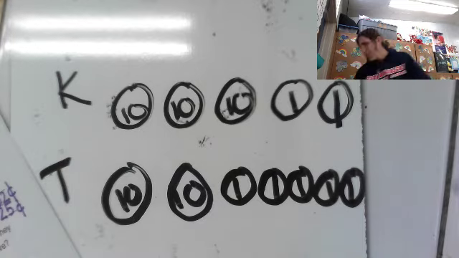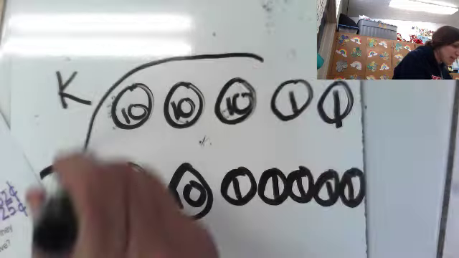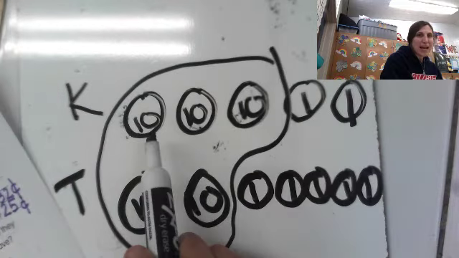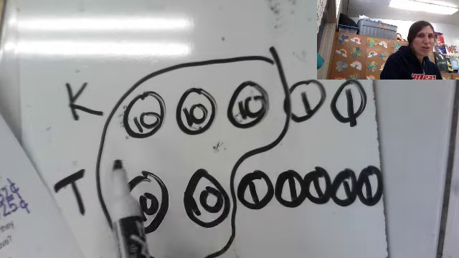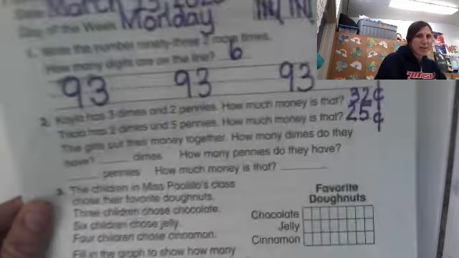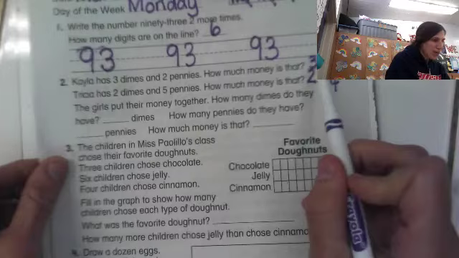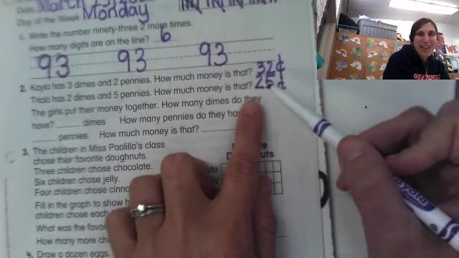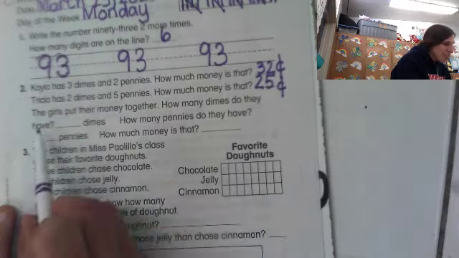So let's make a group here of my dimes. I can put my dimes together, and I see that they had 1, 2, 3, 4, 5 dimes. Let's go back to our paper to check. In the tens place, 3 plus 2, does that equal 5? Yeah. The girls put their money together.